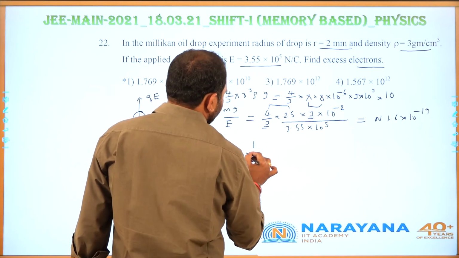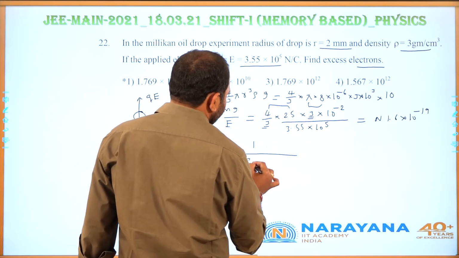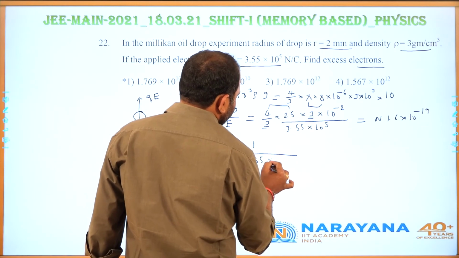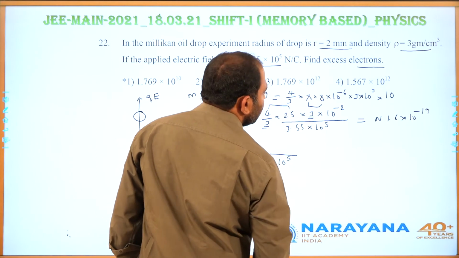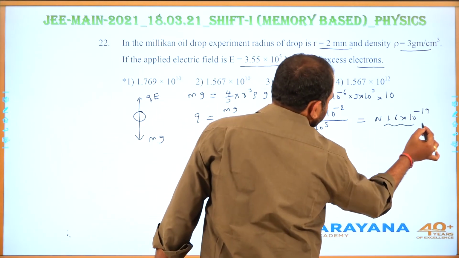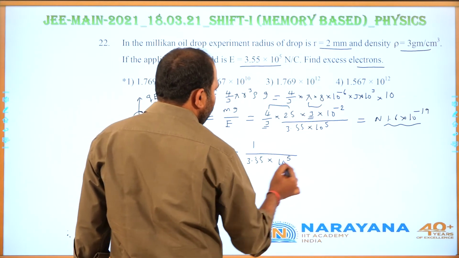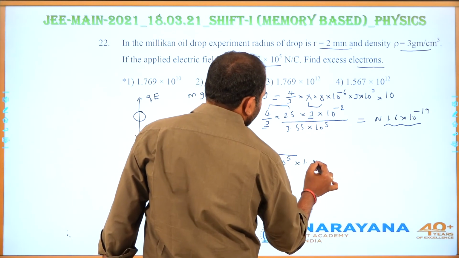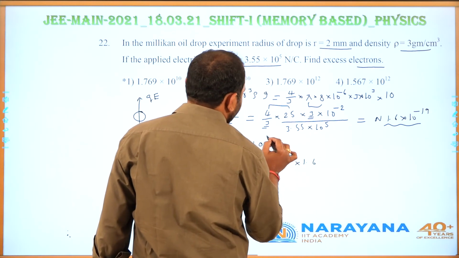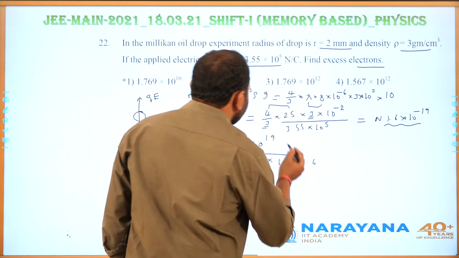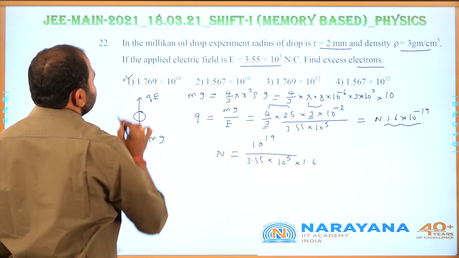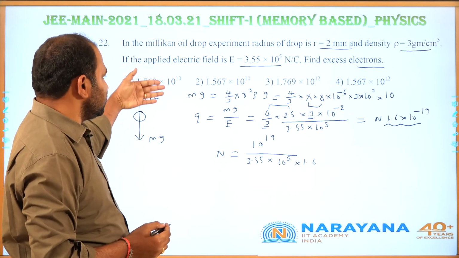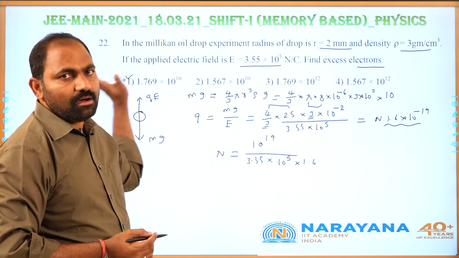So this is 1 divided by 3.55 into 10 power 5, and taking this term this side, it will be 1.6 into 10 power 19. Calculation of this gives 1.769 into 10 power 10. This much number of electrons are present in the oil drop.